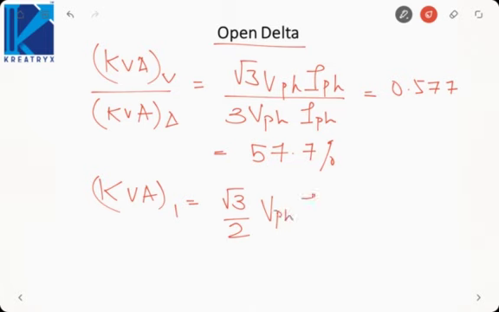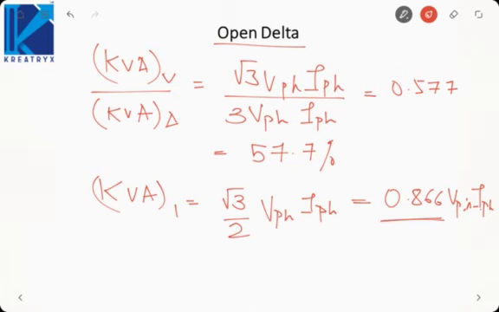Both transformers will develop the same power, or the power will be divided equally. So it is 0.866 V phase into I phase. Okay. So that is how much power is delivered by each transformer when we are taking two transformers in an open delta type of connection.